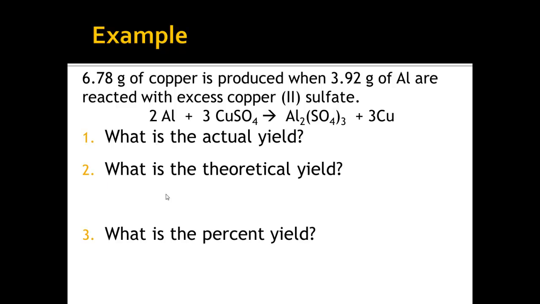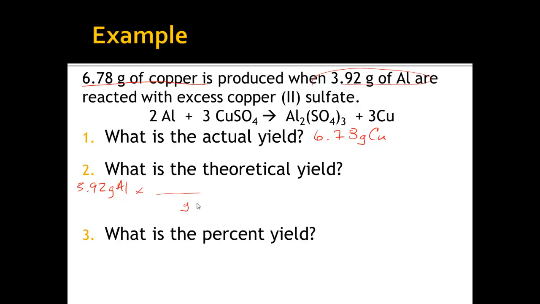Okay, so I already showed you that the 6.78 grams of copper is my actual yield. 6.78 grams of copper. Well, what's my theoretical yield? So in order to get the theoretical yield, I need to do stoichiometry. So here's my starting amount. 3.92 grams of aluminum. So I'm going to do my stoichiometry, 3.92 grams of aluminum, and I'm going to see what it is in terms of copper.